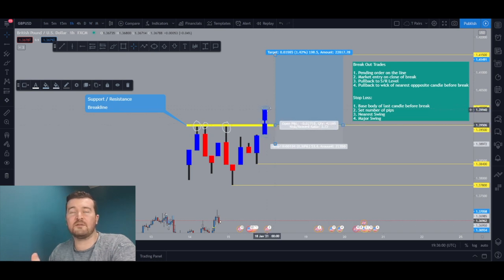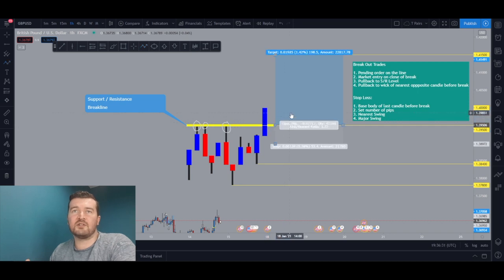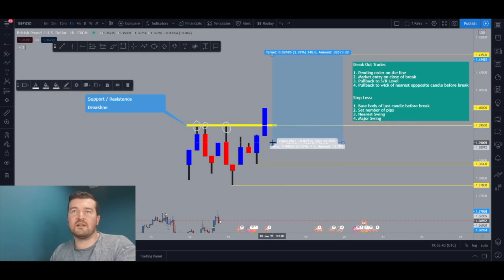So price would have to break through, not just a wick breaking through this area and then bouncing back, but where price will close above this line. That's where I would class a breakout. Otherwise, I would call it a faded breakout or a reversal or a fake out. Okay, so we're looking at price to break out and stay out and come back. And then the third one, essentially getting involved all the way down here.